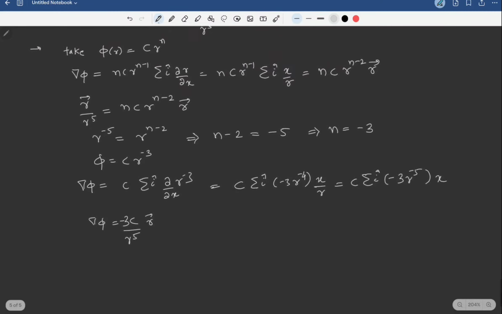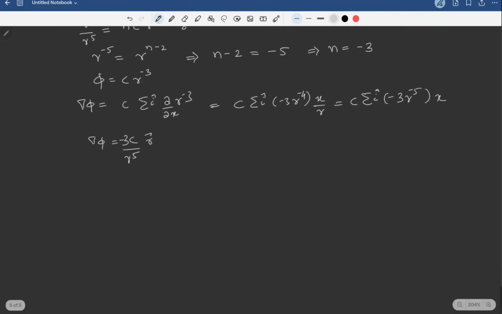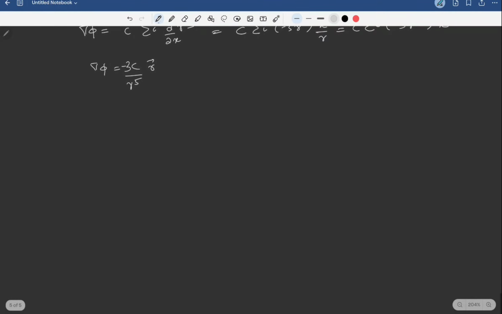So in the question we have been asked only this much, so we have to rearrange this equation now. It implies that minus 1 by 3c into del phi is equal to r by r raised to 5.